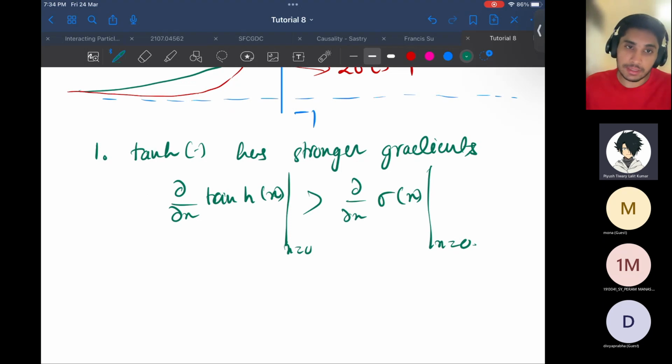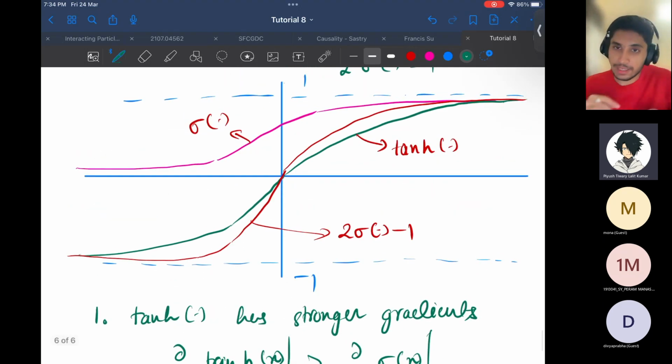That is something which is desired. Why is it desired? Higher gradients mean that you can change your weights a lot by being in this range. That is all it means. So in that sense, it does help.